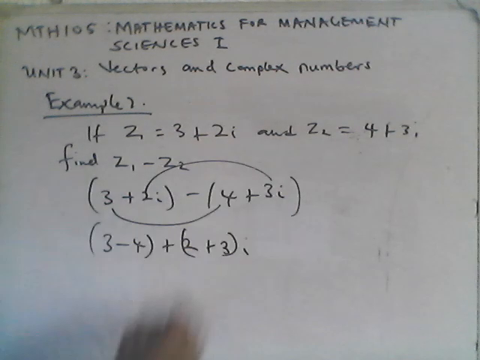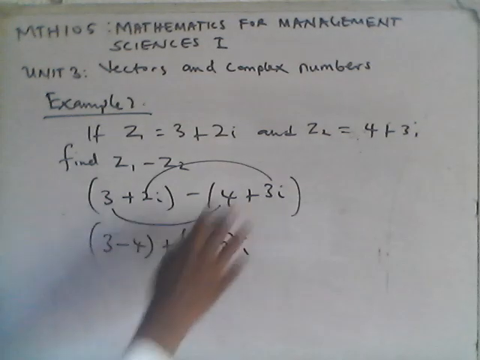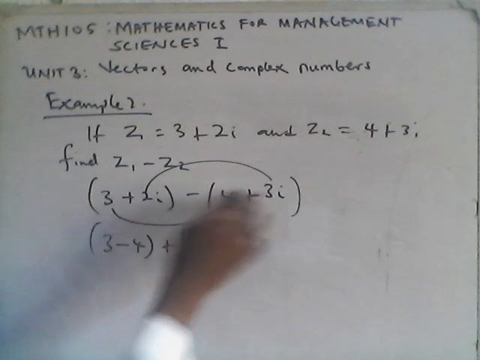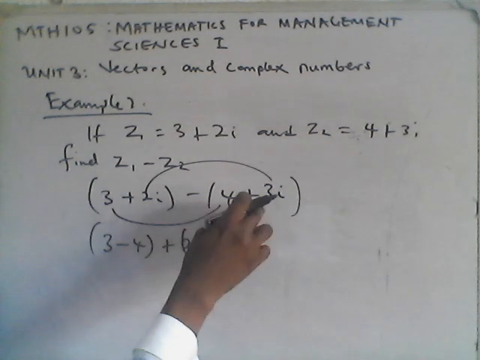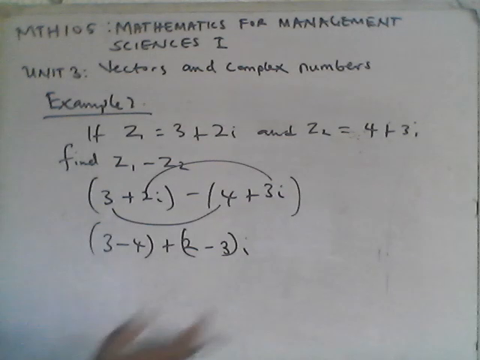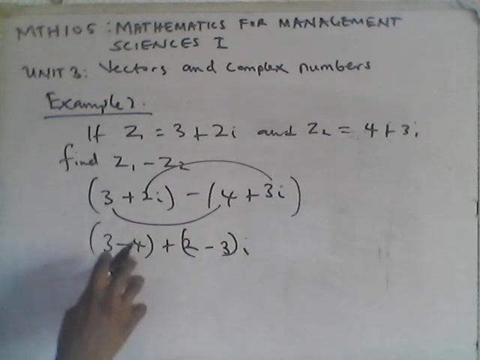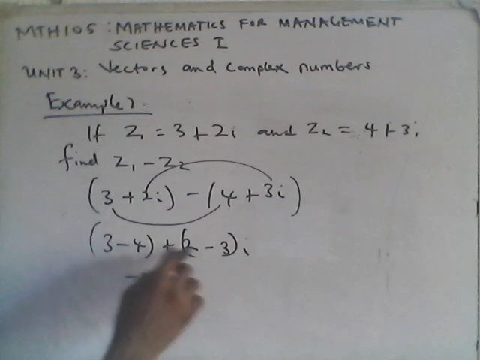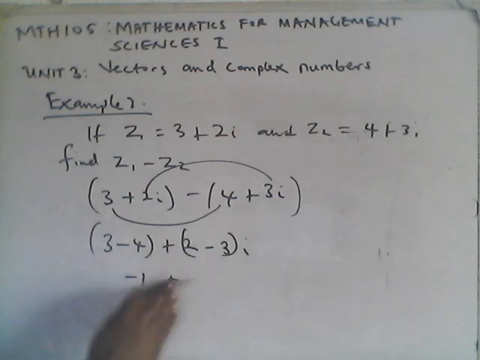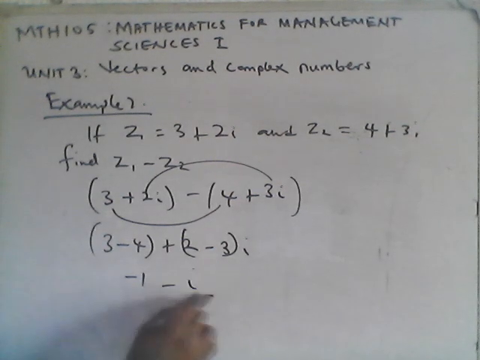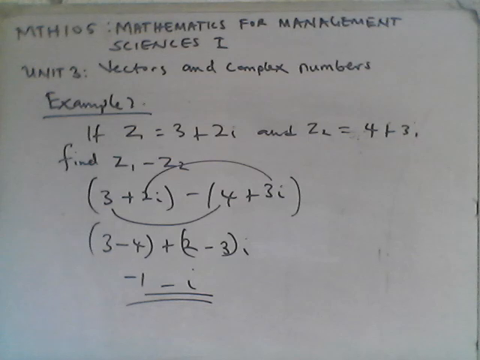You are doing this and this. Okay, so it's going to be minus. Why? Because there's a minus here, and when this one multiplies this one, you get minus. All right, so it's simple enough. 3 minus 4 is minus 1, plus 2 minus 3 is minus 1, so it becomes minus 1 minus i.